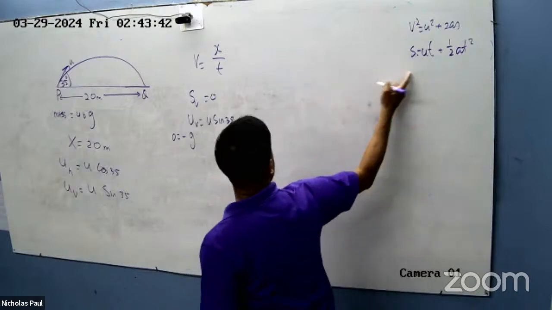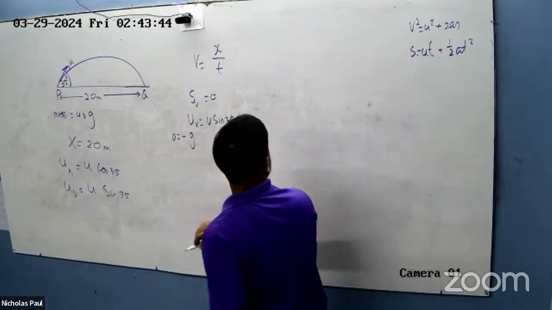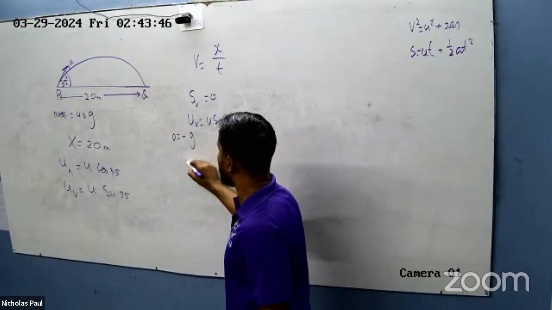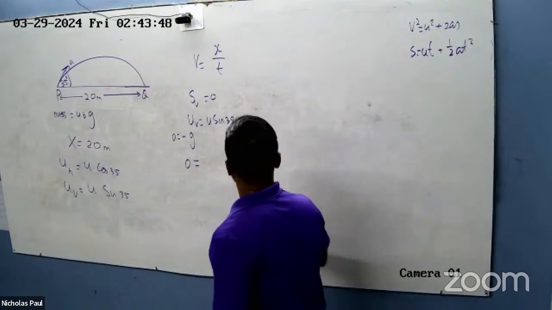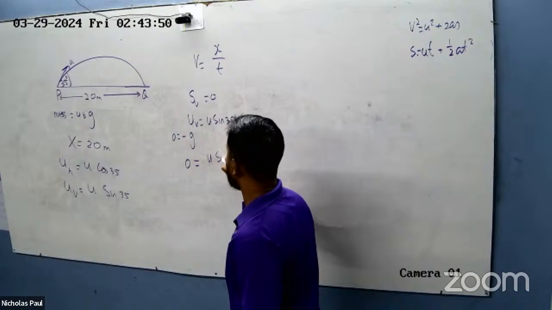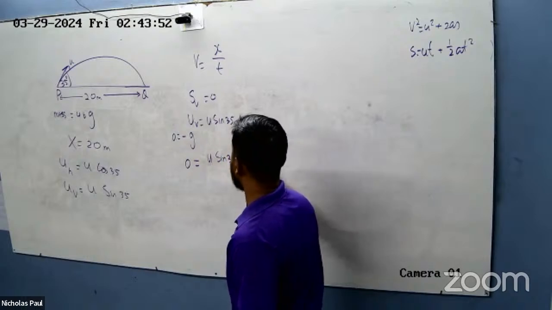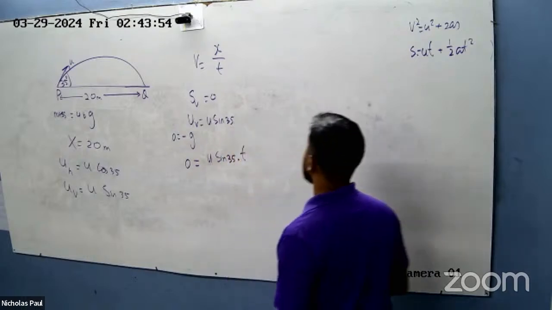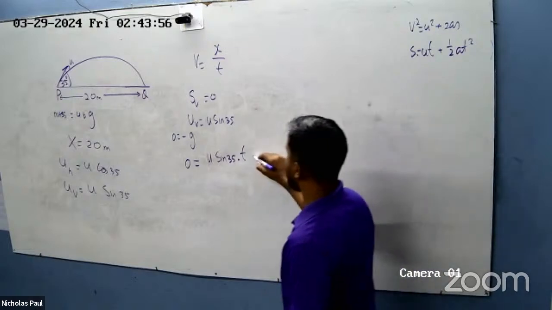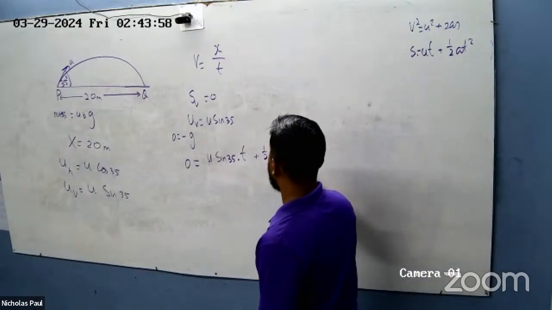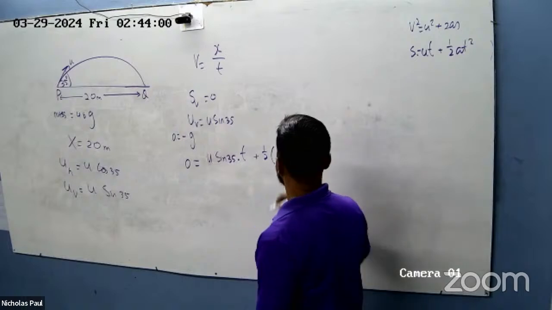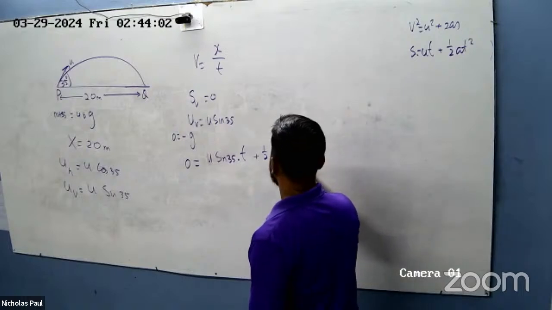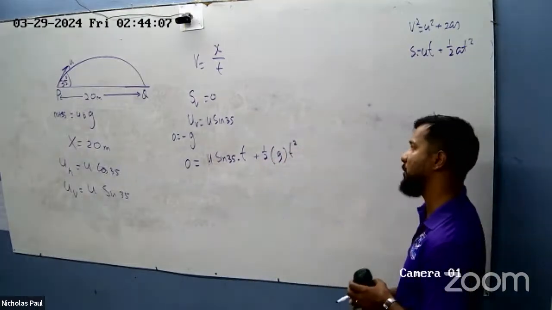So we could solve for T. So S is 0, u is u sine 35, times T, plus a half g T squared. So you see we have a problem here.